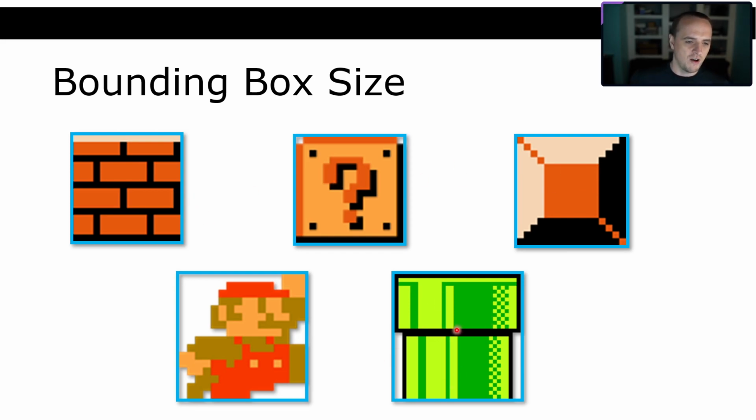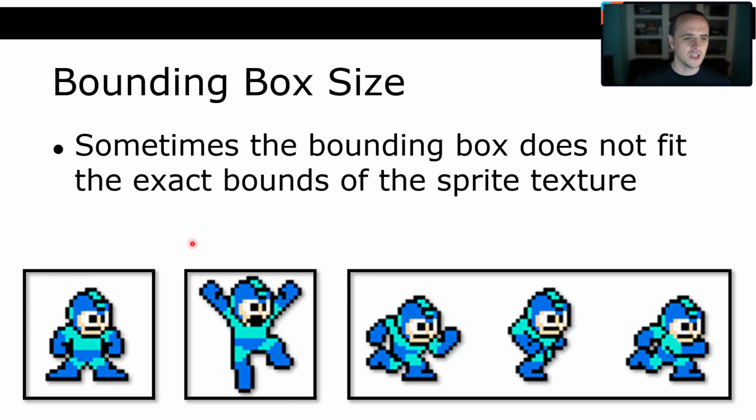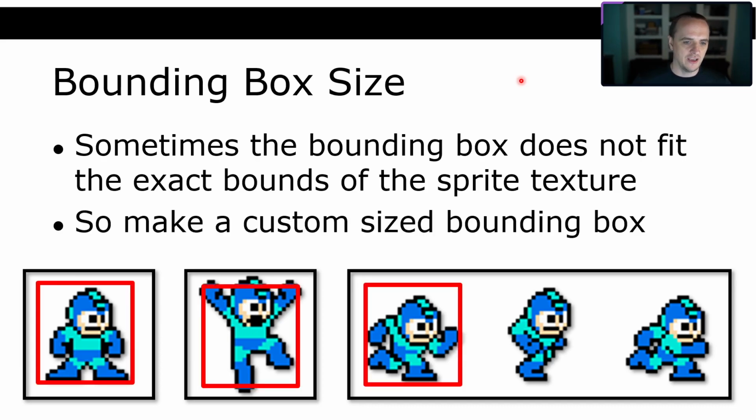This pipe is almost a perfect rectangle. When we start to get into Mario, of course, we have this area here that's not a perfect rectangle, but we're going to try our best to approximate these with rectangular bounding boxes. But sometimes the bounding box does not fit the exact bounds of the sprite texture, and so we're going to have to make a custom-sized bounding box in order to fit.